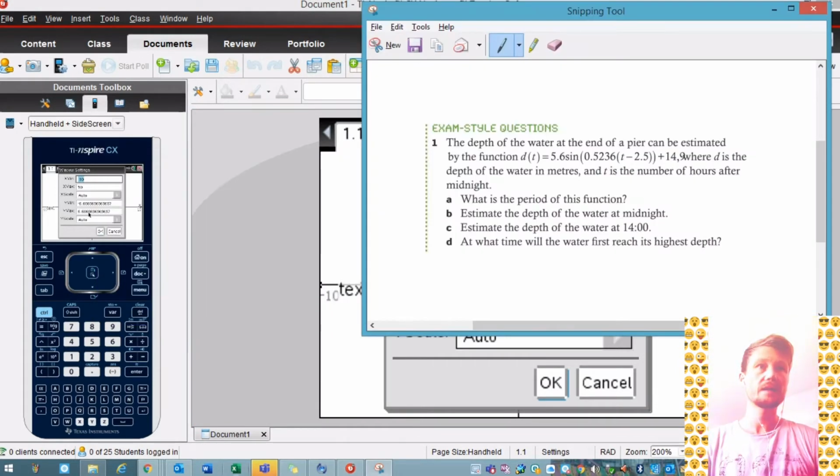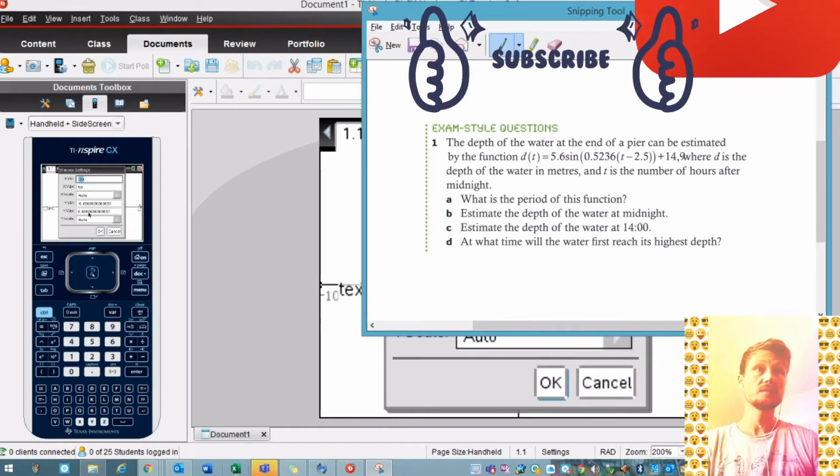If I look back at the question, I need to think carefully about what these mean. The 5.6 is the amplitude. However, the graph is shifted 14.9 up. So imagine the amplitude being 5.6 and negative 5.6, shifted 14.9 up.